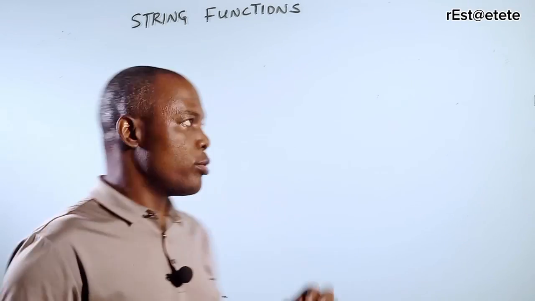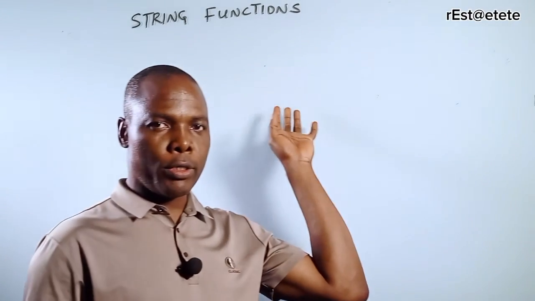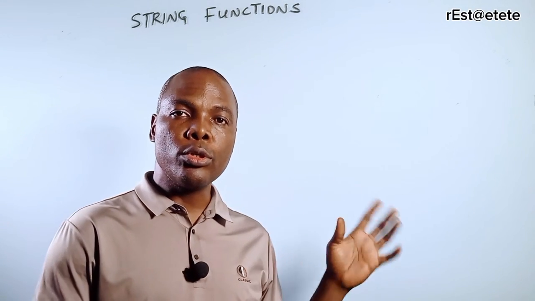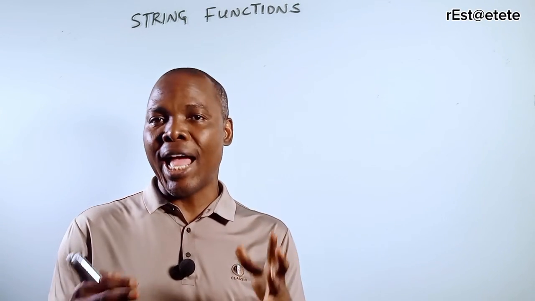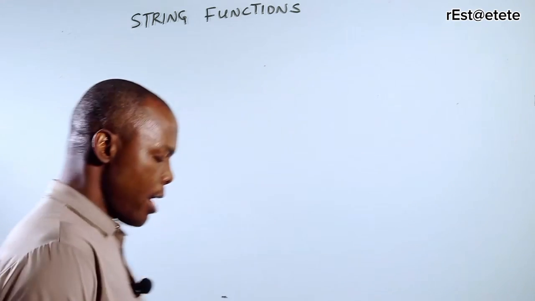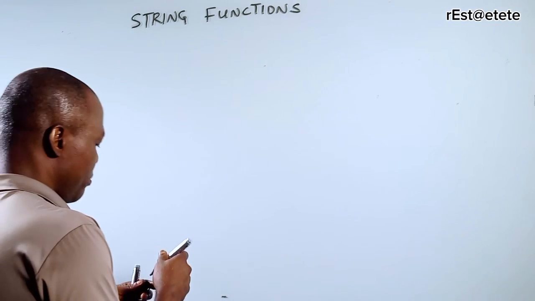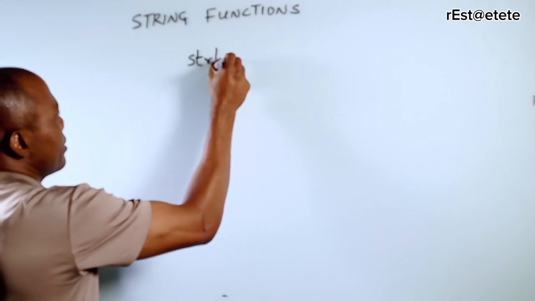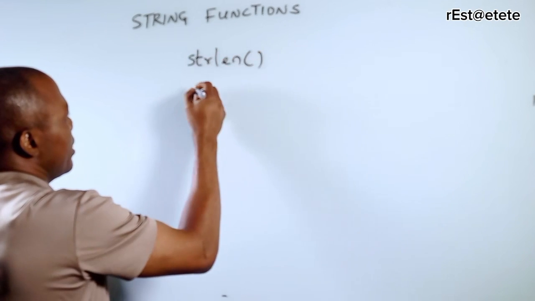In today's class, we are going to do string functions. The last class we did introduction to strings. So I'm going to show you some functions that can act on your strings. Example, I would say string length, right?